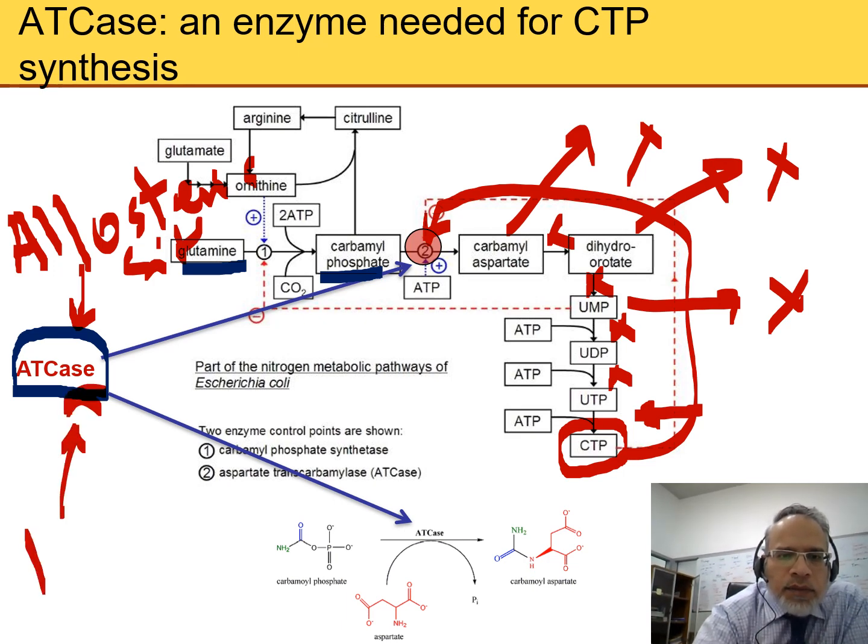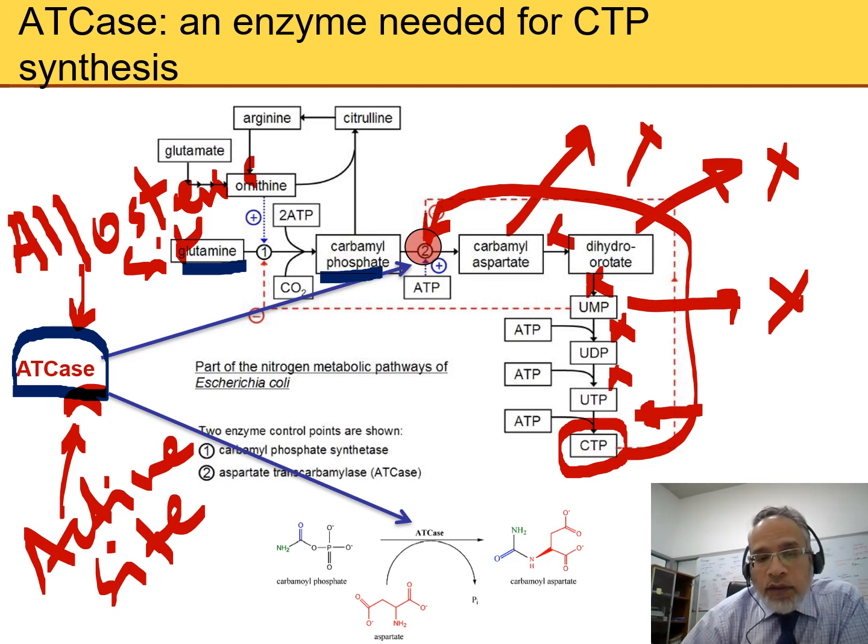This will be the active site, which will be different. And that is really the main point of allosteric regulation, that something binds to the allosteric site. So CTP would be the allosteric regulator and it'll bind to the allosteric site.